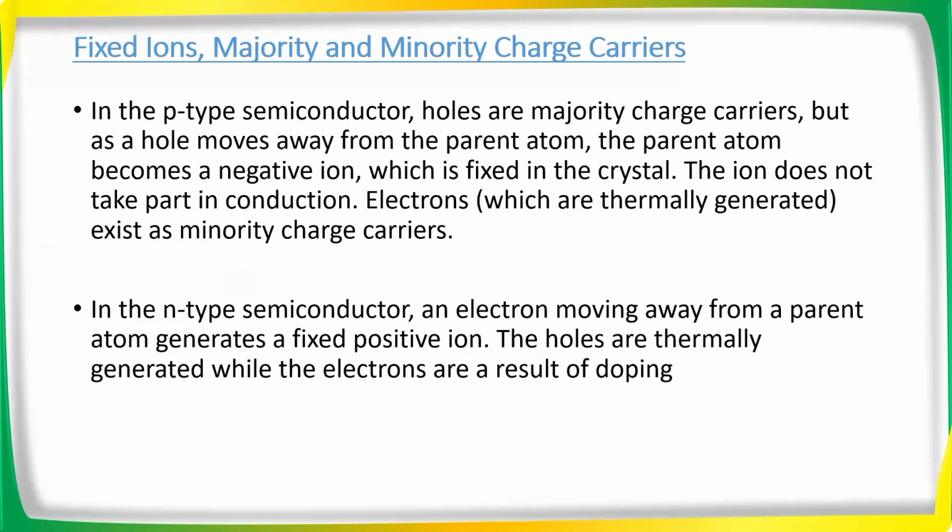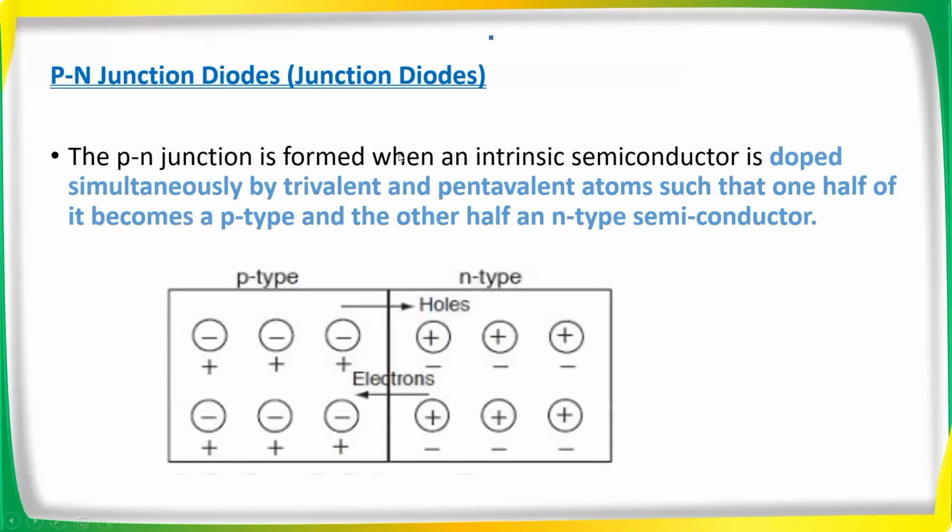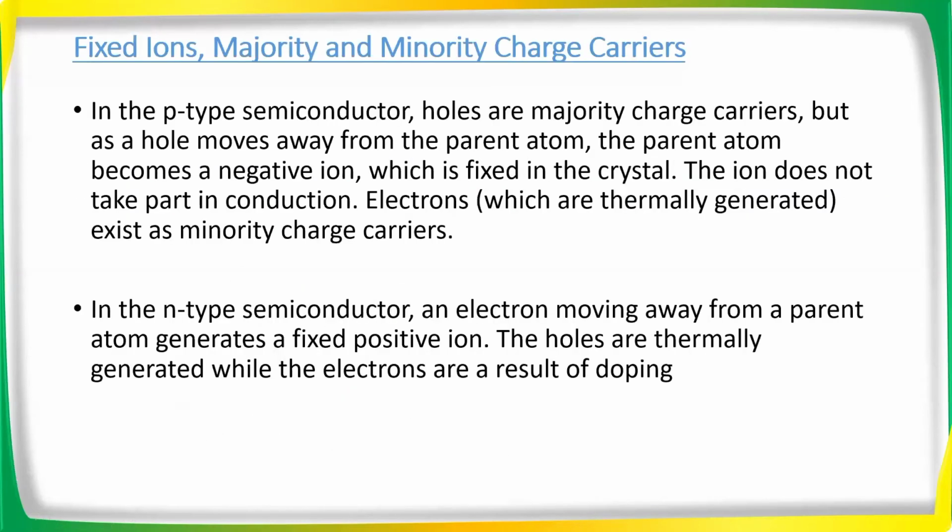Then we have the fixed ions. They don't participate in the conduction. For an n-type, the electrons are the majority charge carriers, while the holes, which are thermally generated, are the minority charge carriers. Now, what would happen if you put a p-type and an n-type semiconductor together?